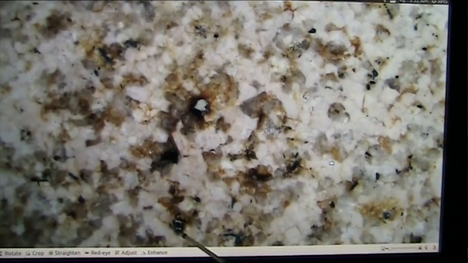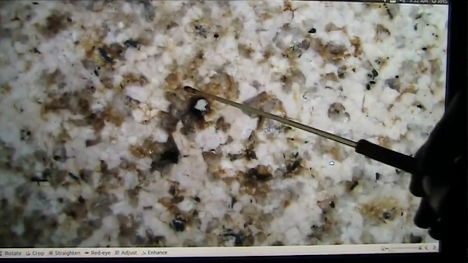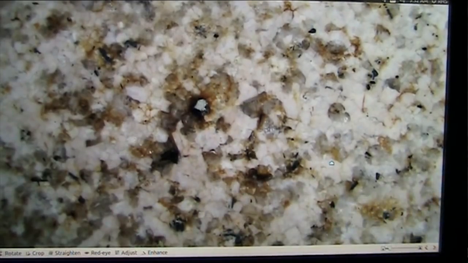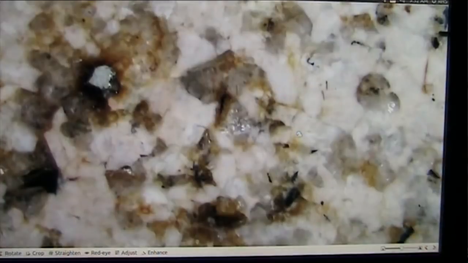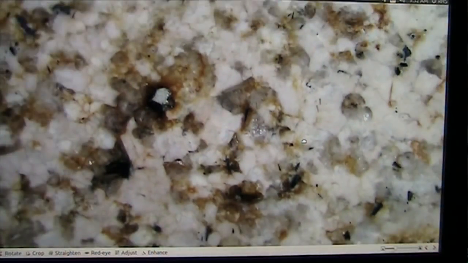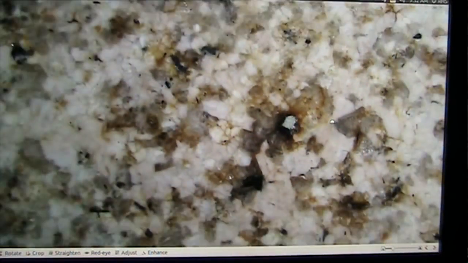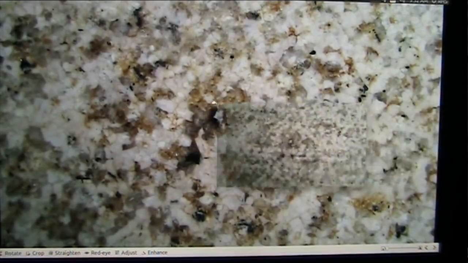You see the little black bits and pieces? Then this is the red, is the arterial network, and this white, chunky looking stuff is the connective tissues. So this is not something that I'm guessing at. I can tell you for a fact that is exactly what this is, and this is not a natural product.